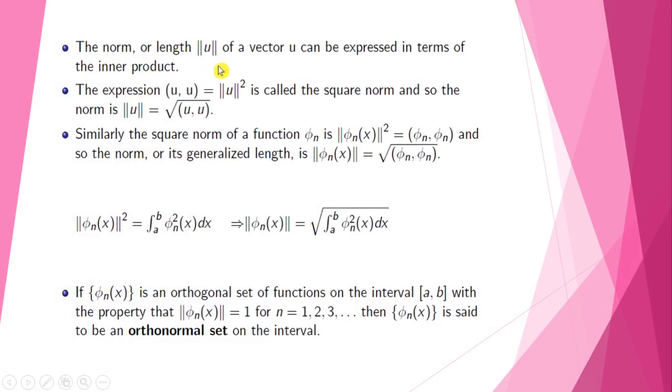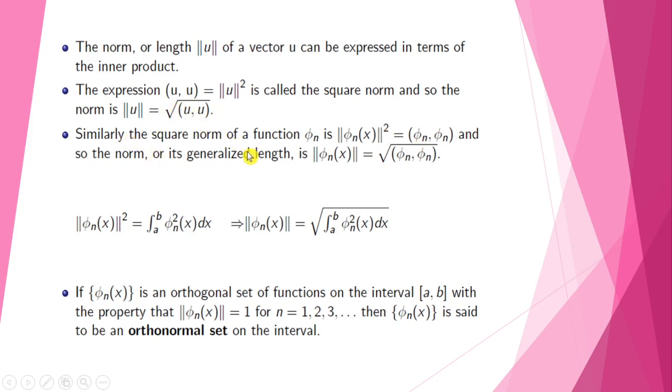The norm, or length, of a vector u can be expressed in terms of the inner product. The expression u comma u is equal to norm u squared, which is called the square norm, and so the norm is equal to the radical of u comma u.